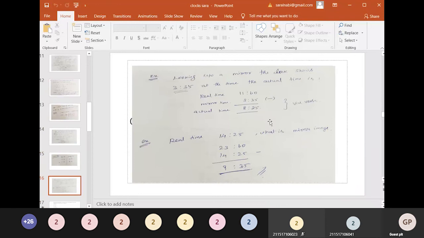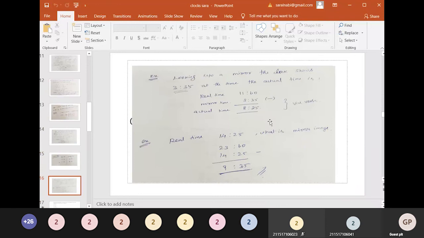What is the actual time they are asking? Okay, so they have given 3:35. It is less than 12, so we can follow the real time. So real time 11.60, that means 12 o'clock, 11.60, and you subtract the given time 3:35. So the answer is 8:25. So the actual time will be 8:25.